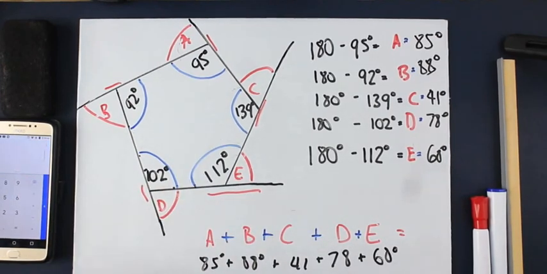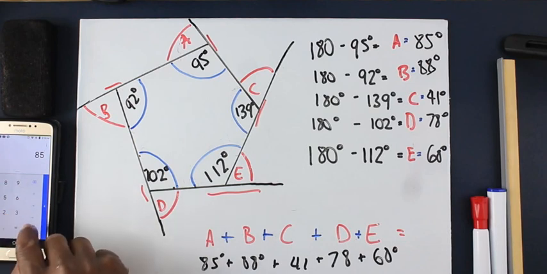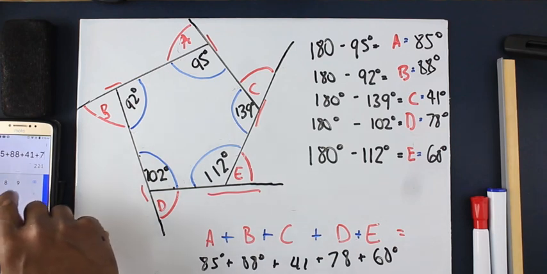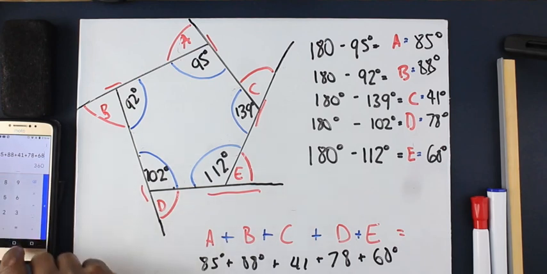Well, let's do it. 85 plus 88 plus 41 plus 78 plus 68. Have I done that right?